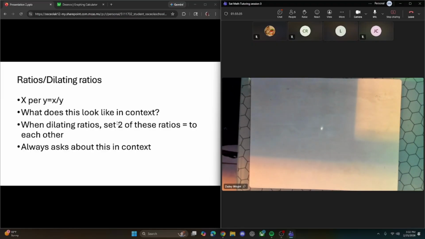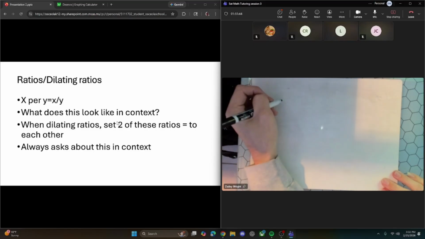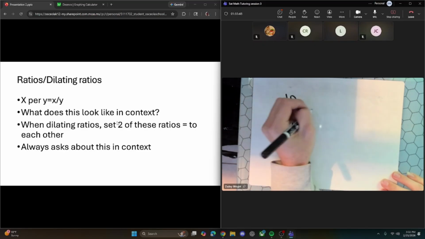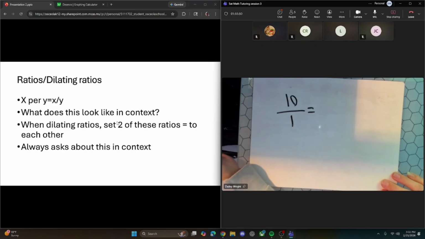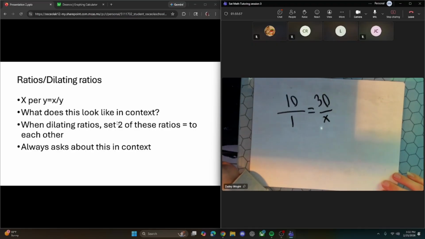When dilating ratios, set 2 of these ratios equal to each other. Let's go back to the bird thing. If a bird flies 10 feet for every second, how many seconds does it take for it to fly 30 feet?